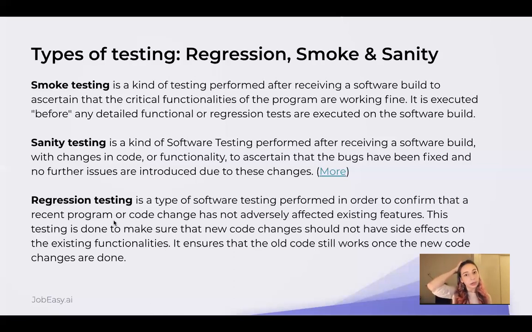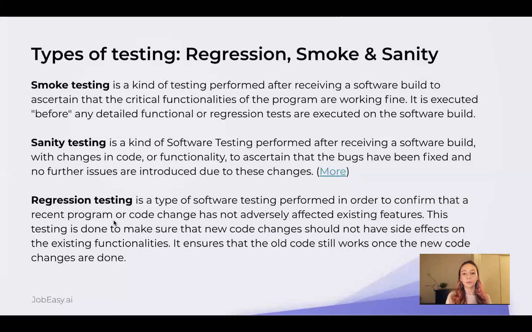Regression testing is a type of testing that we perform in order to make sure that any recent code changes or any recent fixes, for example, don't introduce bugs to existing features. So this is done in order to make sure that bug fixes, for example, or any code changes don't break our existing functionality.